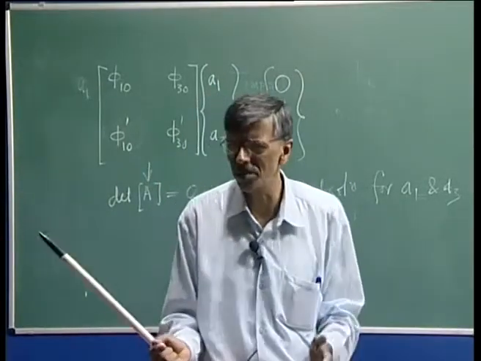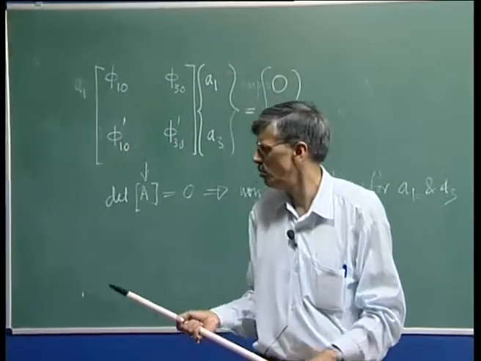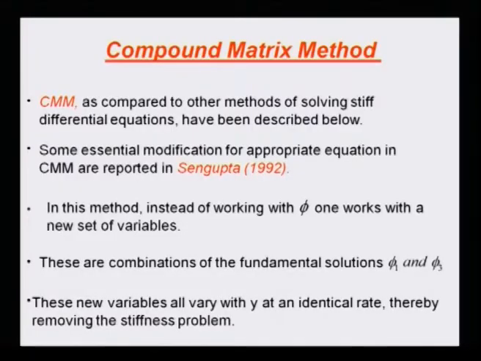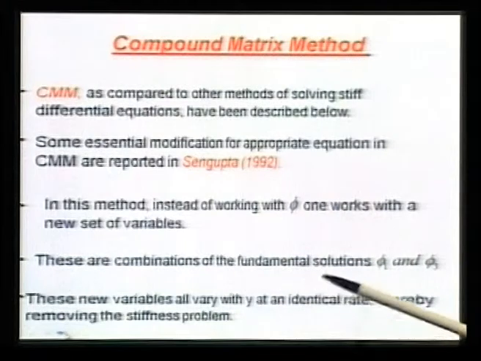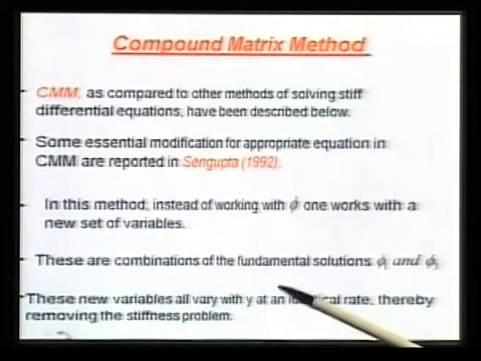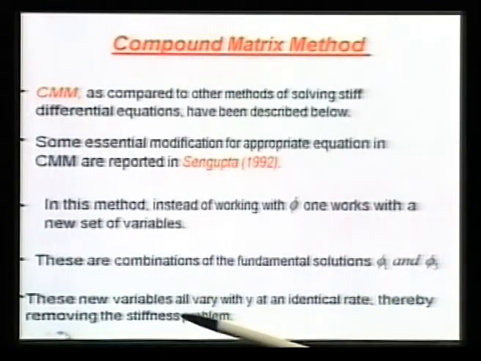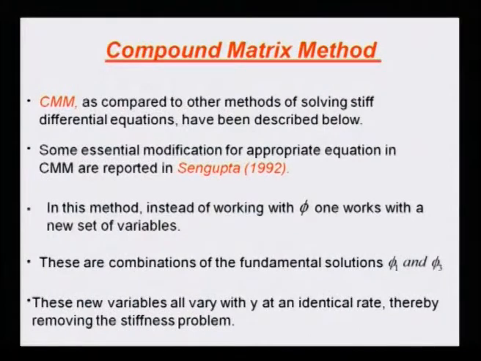Okay. This is the basic philosophy, very simple. So, we are looking for some combinations of the fundamental solutions phi 1 and phi 3, and as a result we desire that these new variables should vary with y with an identical rate and help us remove the stiffness problem.